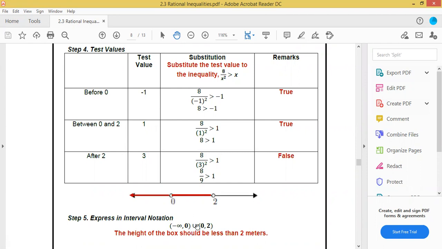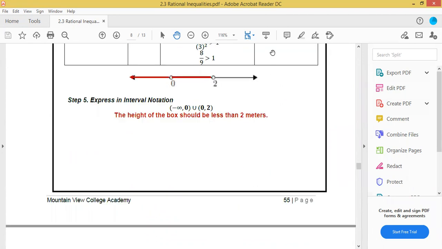From 0, unshaded, that's a parenthesis, comma, to 2, still unshaded, so we'll have a parenthesis. So it means that based on this graph, the height of the box should be less than 2 meters. This ends our first word problem.